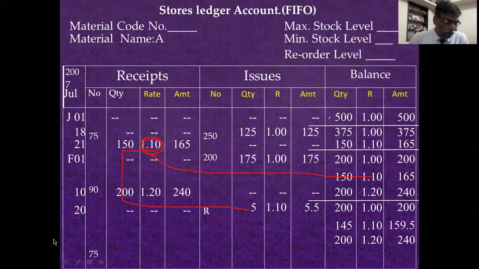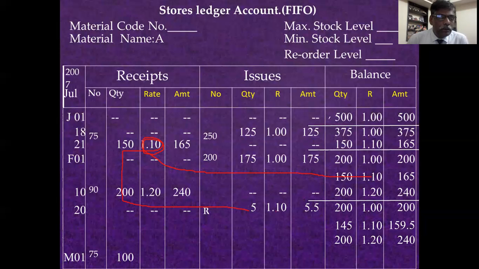Then after February, next date is March 1st. March 1st, there is 100 kg received. So you write the date in the date column, March 1st. Its number is 75, 100 quantity purchased. A rate is not given here.